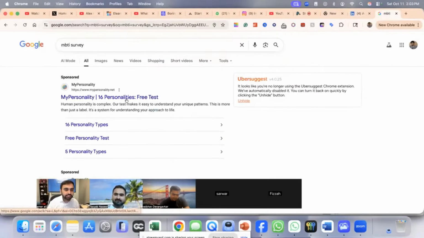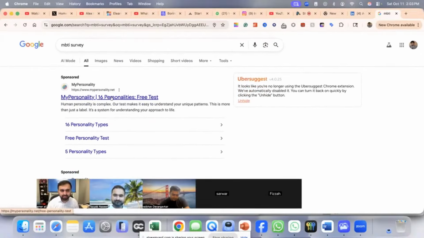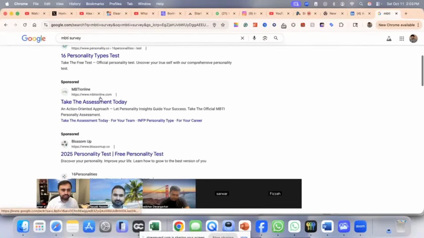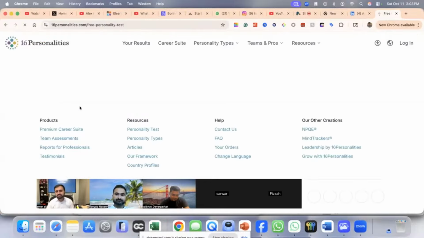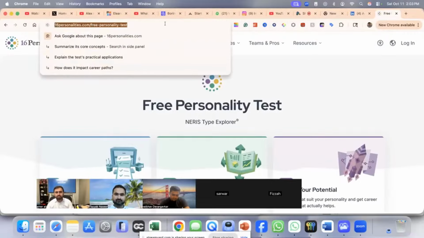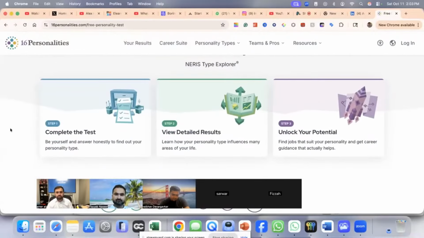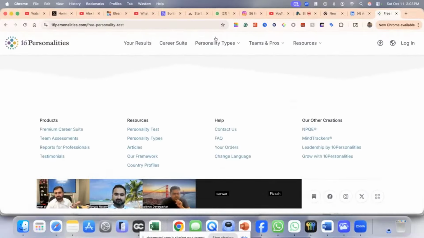Okay, MBTI survey. Anyone you can use, whichever you want. It's a 16 personality test. You can do any of them and look into what type of person you are. It takes 5 to 10 minutes.